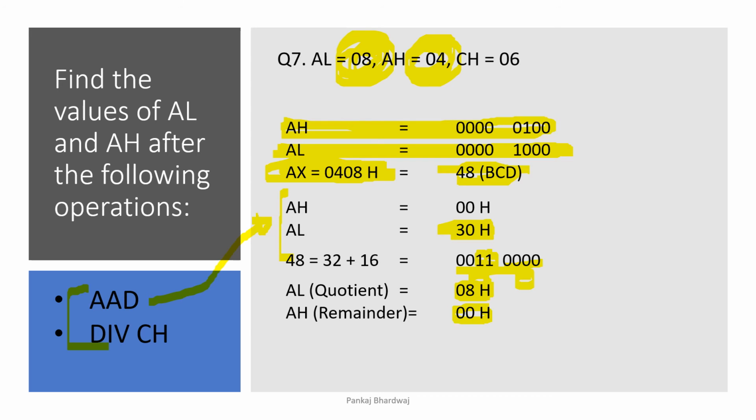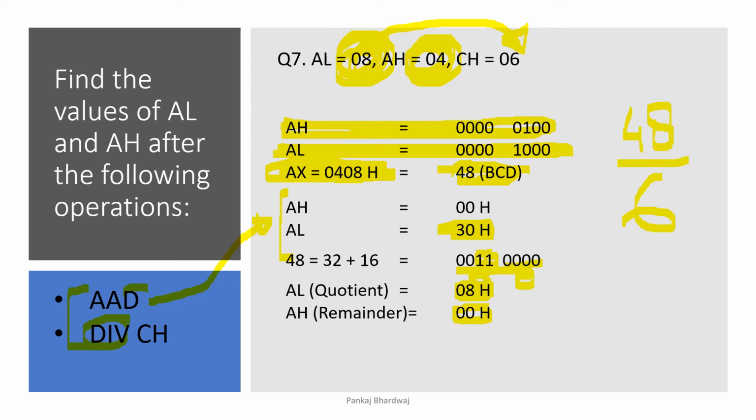Why? Because we divide by 6. We are dividing, so it is basically 48 divided by 6. So when 48 is divided by 6, what do we get?